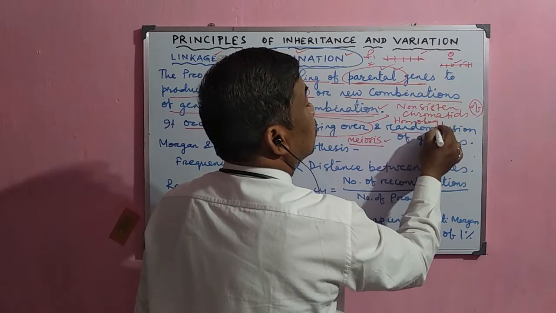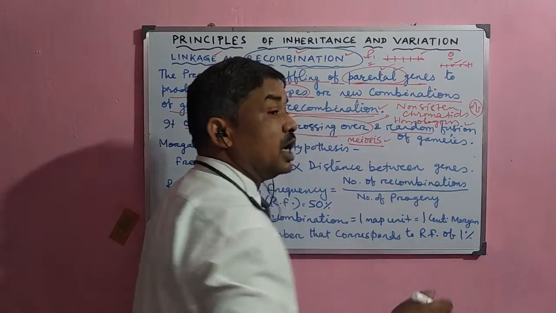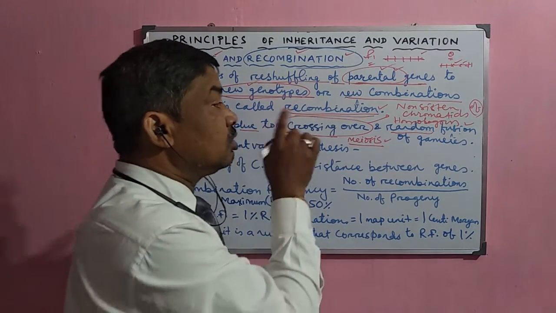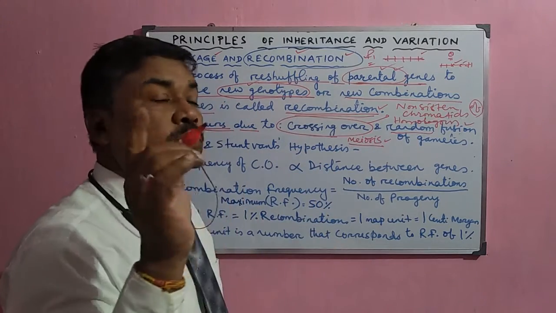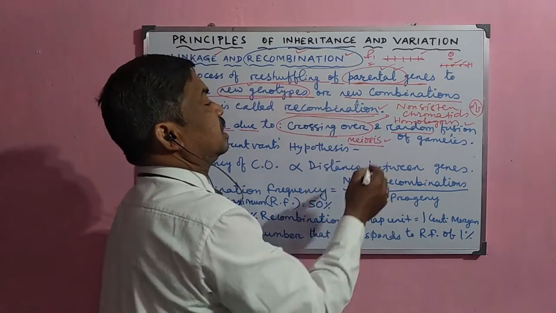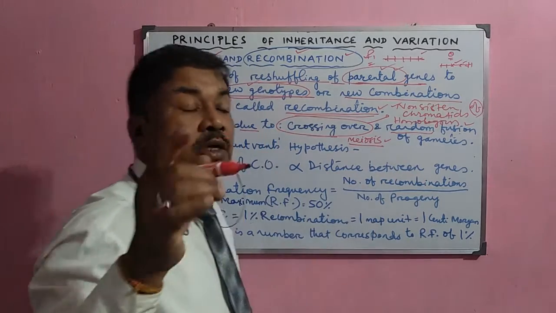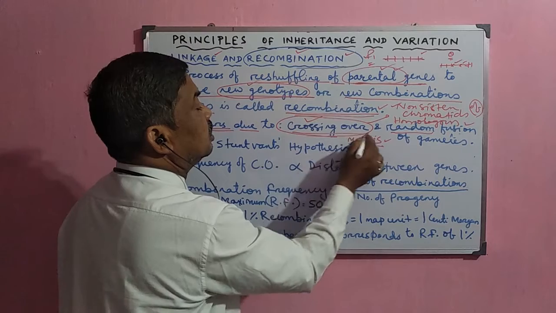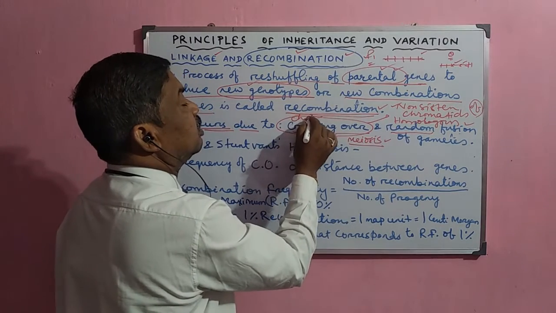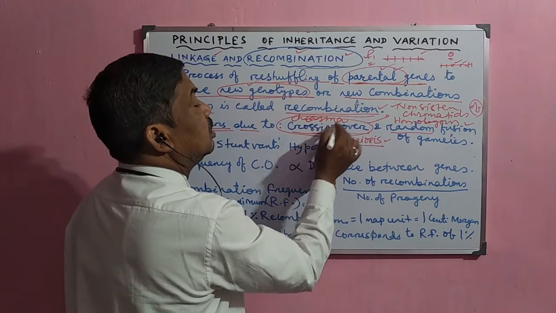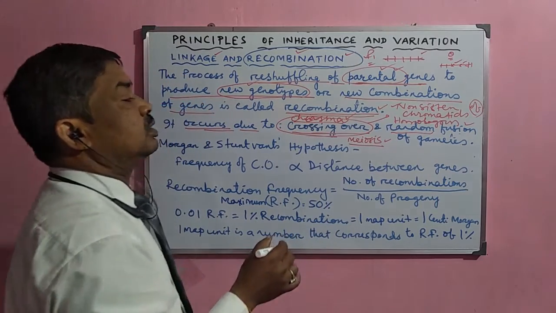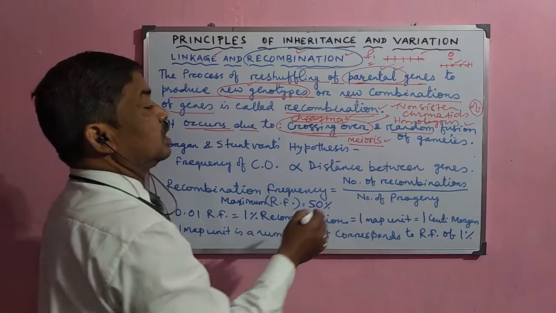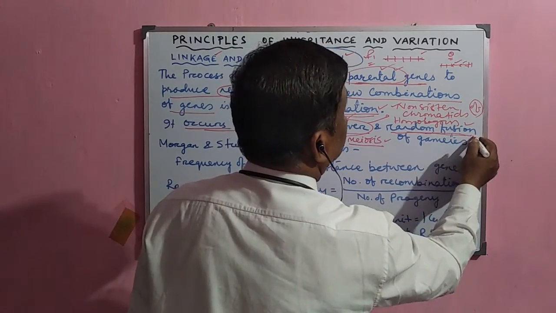So when the homologous chromosomes pair together during meiosis 1, the non-sister chromatids of these homologous chromosomes exchange their segments, and this exchange of segments between non-sister chromatids is called crossing over, and normally chiasma formation occurs. Due to this process, the random fusion of the gametes also occurs.